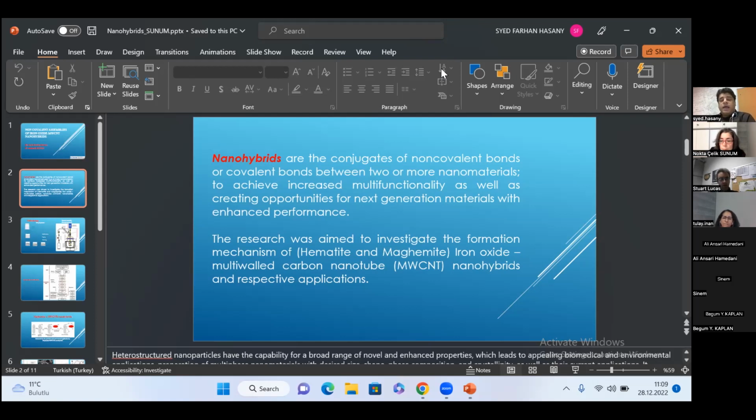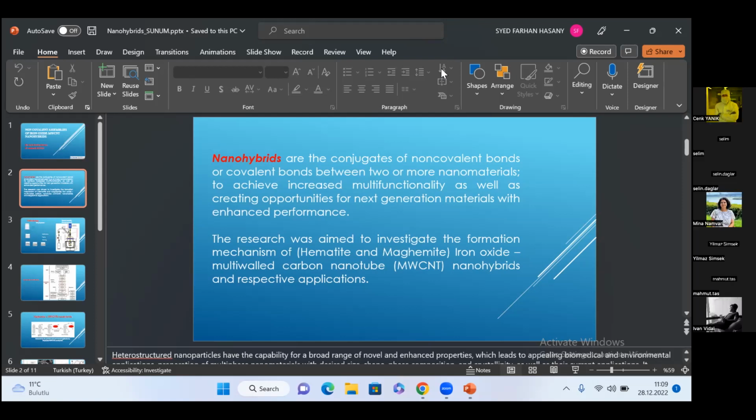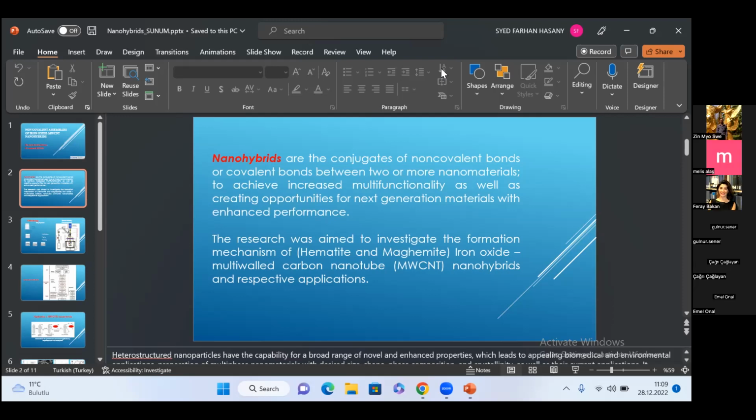We all know that iron oxide has 16 different polymorphs existing on the Earth's surface. Out of them, only 3 are the major contributors for a variety of applications, namely hematite, maghemite, and magnetite. Hematite is the largest ore present on the Earth's surface, whereas it is non-magnetic in nature.